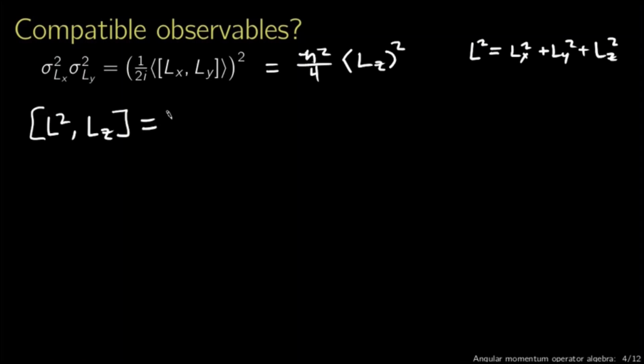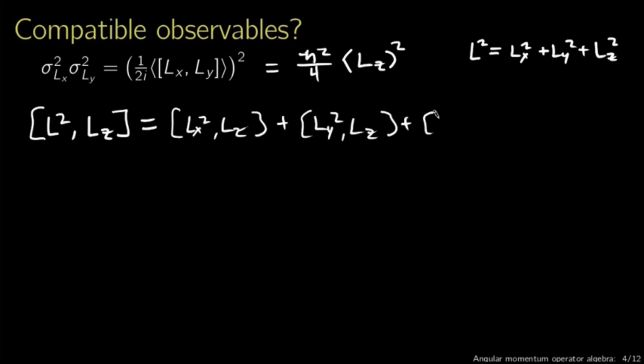What is this commutator equal to? Well, this L squared is going to be Lx squared plus Ly squared plus Lz squared, and we can separate out those commutators. Lx squared commutator with Lz, plus commutator Ly squared commutator with Lz. And the third term is commutator of Lz squared with Lz.